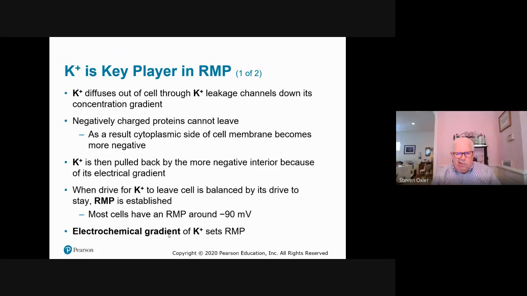Most cells, because of potassium, have a resting membrane potential of -90 millivolts. I'm going to ask you, what is the key player in the resting membrane potential? The answer is potassium. I'm going to ask you, what is the resting membrane potential of most cells? The answer is -90 millivolts.